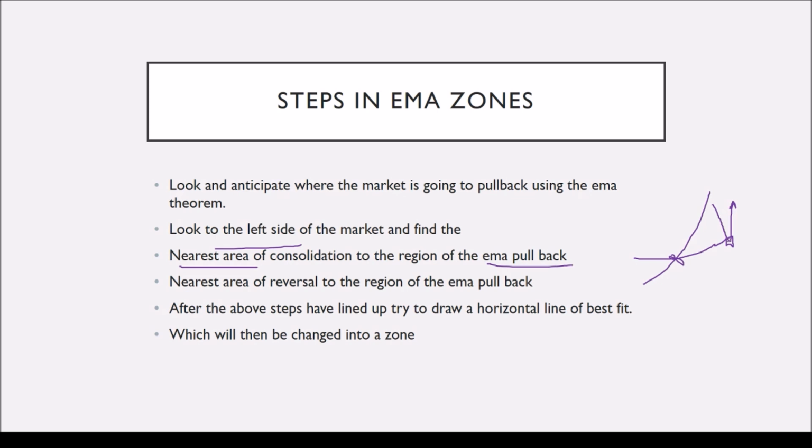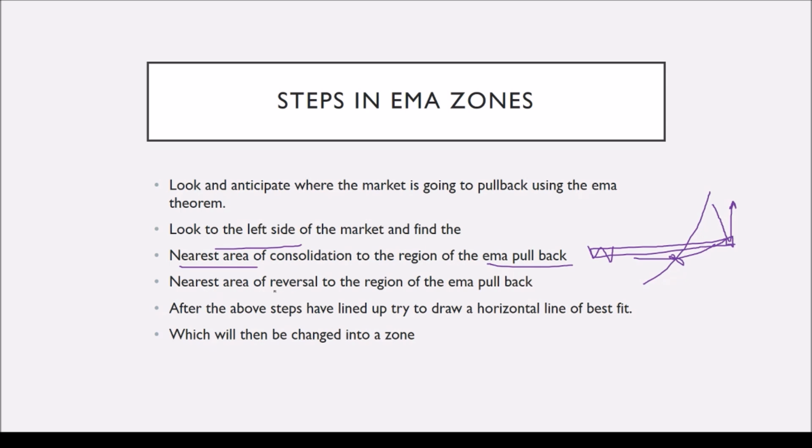Because it actually looks for a zone of demand, in this case from the left side. So our job is to look for a point of consolidation, or a point that once acted as support in the past, in the region of the EMA that we wish to see price pulling back from.